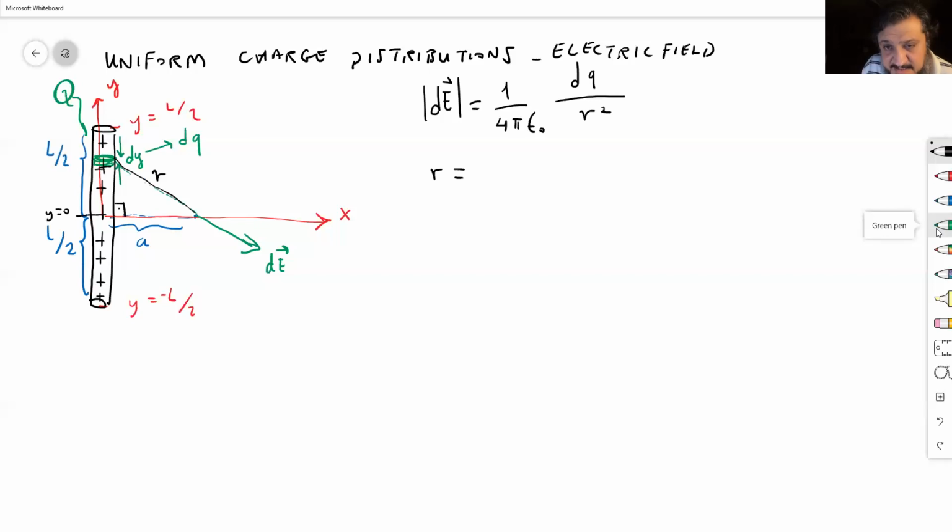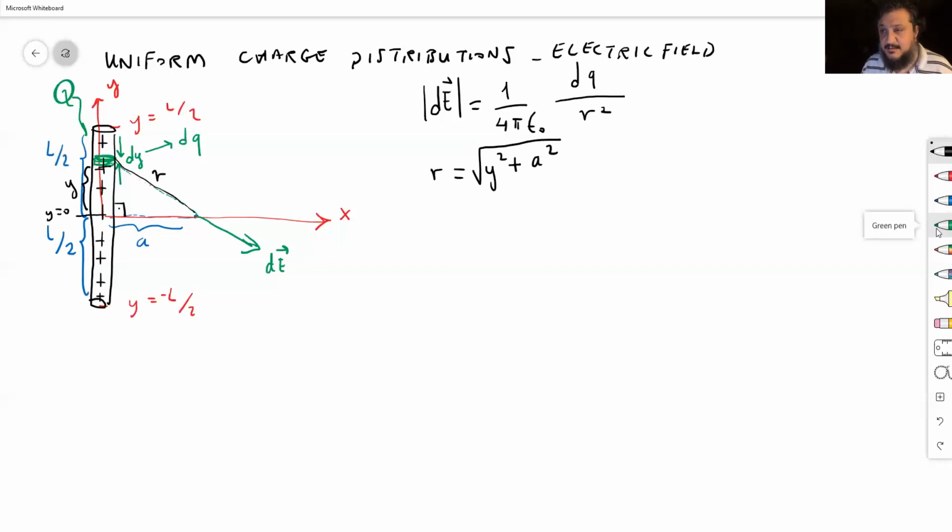So the vertical side of the triangle is equal to y. Then using the Pythagorean theorem, r is the square root of y squared plus a squared. All right? Good. So we got rid of r anyways.